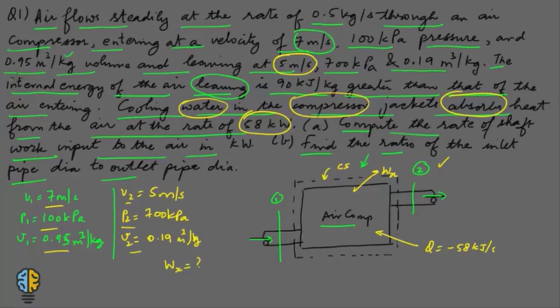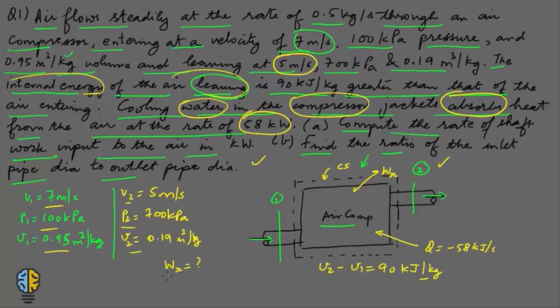So the internal energy of the air leaving, let us say that is U2 minus U1, it is 90 kilojoules per kg, and because it is per kg, this is specific. So you will have small u2 minus small u1. Okay, so this is the given data and the given schematic.